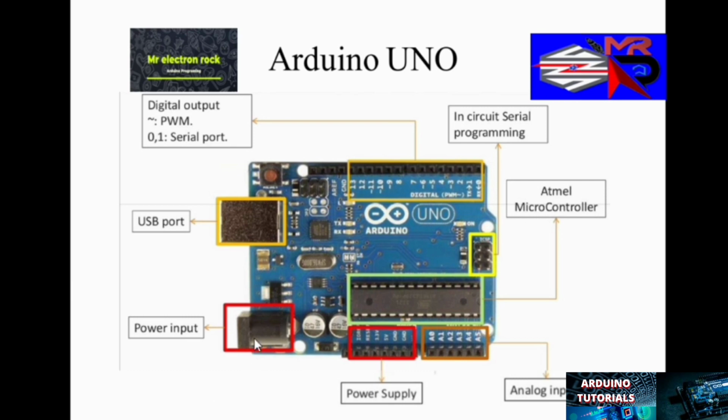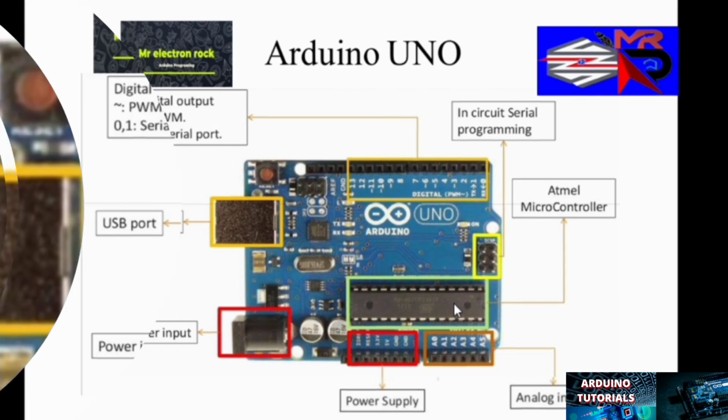There are power input pins for powering your Arduino with a battery or an adapter. Here you have the USB port, where you can power your Arduino and also program it from your laptop or PC. You have the reset button for resetting the Arduino UNO R3, and this is the Atmel microcontroller.